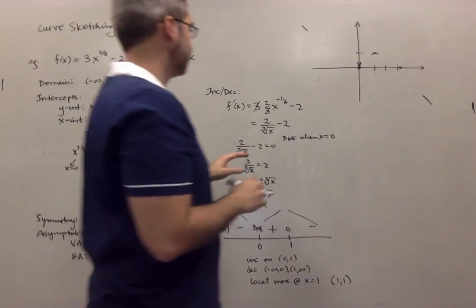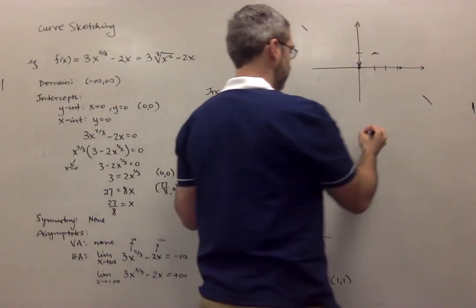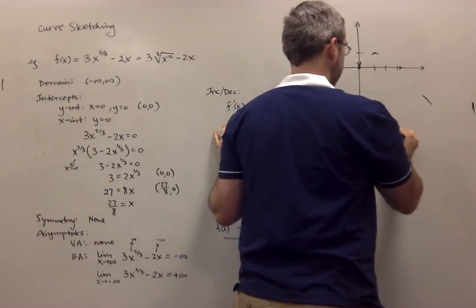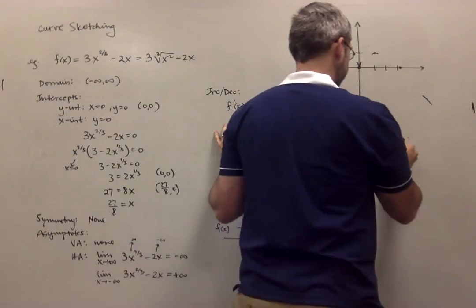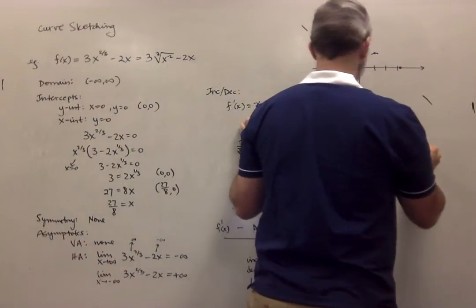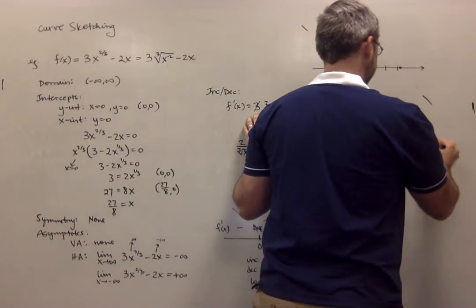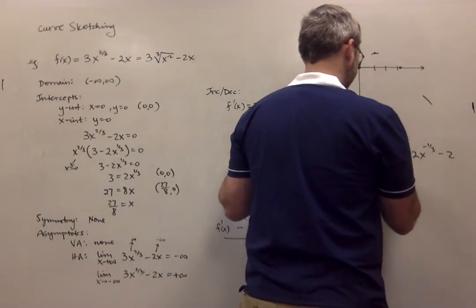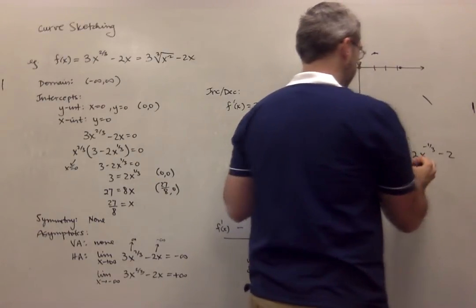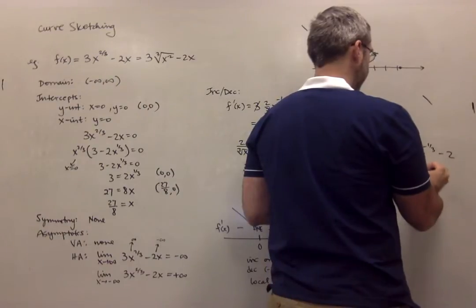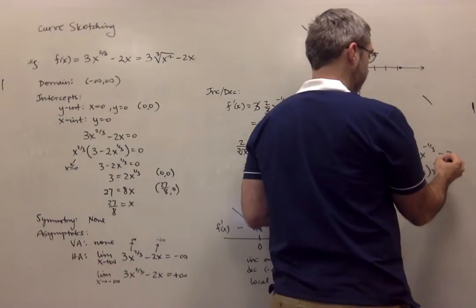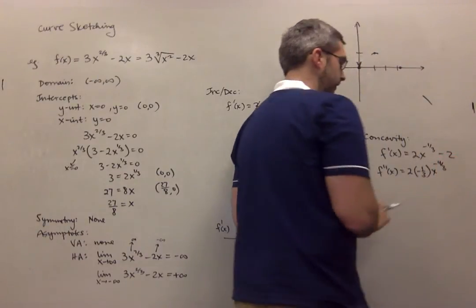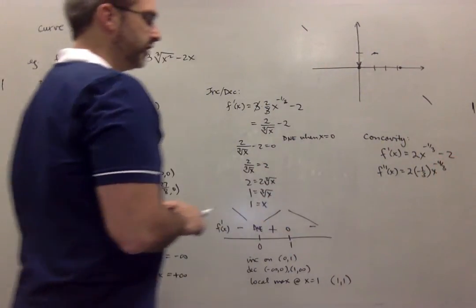So let's double check that. So for concavity, the first derivative, let me just rewrite it here. It's 2x to the negative 1/3 minus 2. So the second derivative is 2, and then I've got a negative 1/3 x to the negative... I'm going to subtract 1, so negative 1/3 minus 1 is negative 4/3, and the derivative of 2 is just 0.